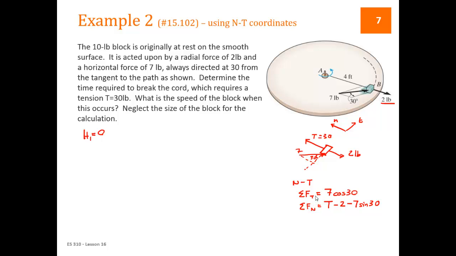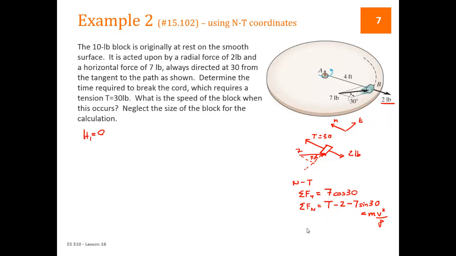So we remember the sum of forces in the normal direction is going to equal mass times v squared over rho. That should allow us then to find v squared, because we know the mass, we know the radius. The radius is 4, the mass is 10 divided by 32.2.